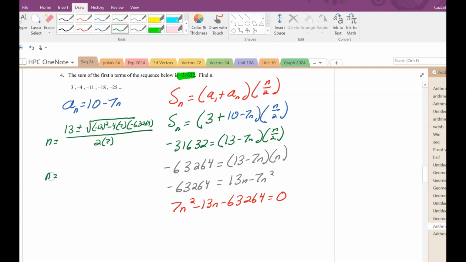Solving for n, we'll get n is equal to 13 plus or minus 1331 over 14. There are two answers here. One answer is going to be 96 when you do the positive case, and the other answer is about negative 94.14. Remember, n has got to be a positive integer, so that means there are 96 terms that you are adding up.